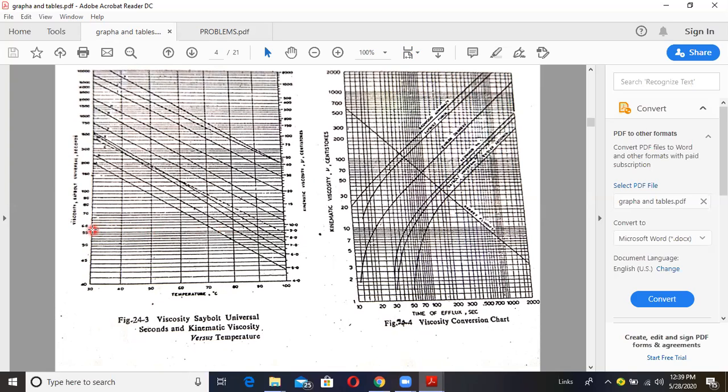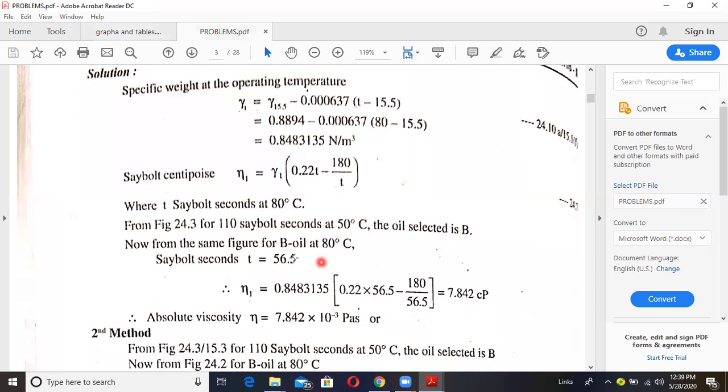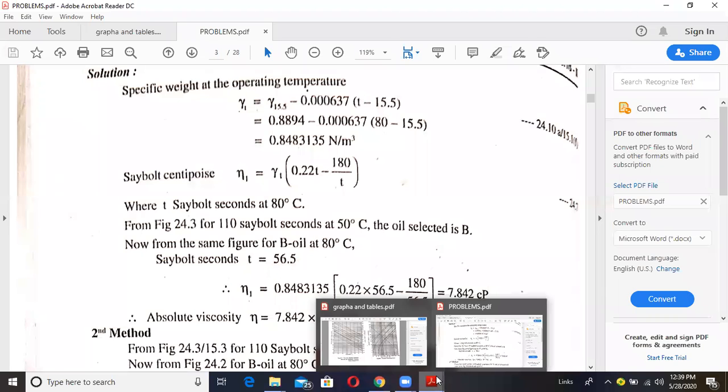Somewhere here we are getting in between 55 and 60, so somewhere you will get 58 or something. So Saybolt seconds T is equal to 56.5, or we can take 56 exactly. We won't get it in the form of 0.5. You can take 56.